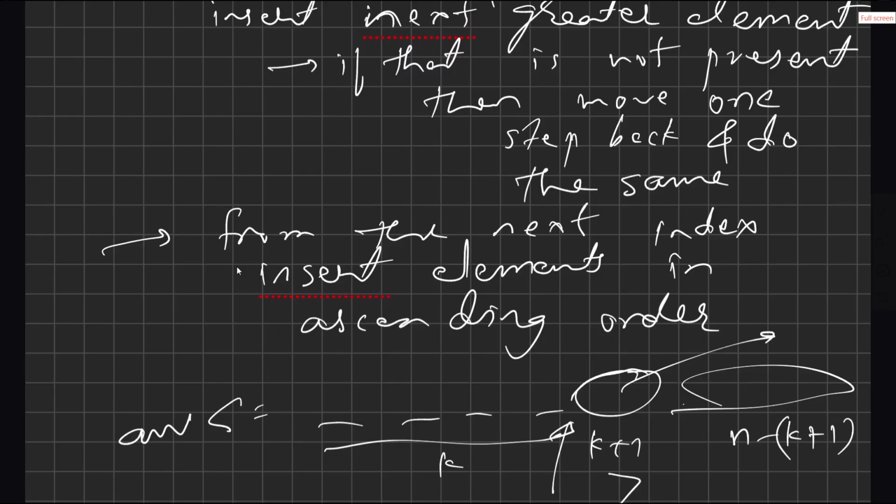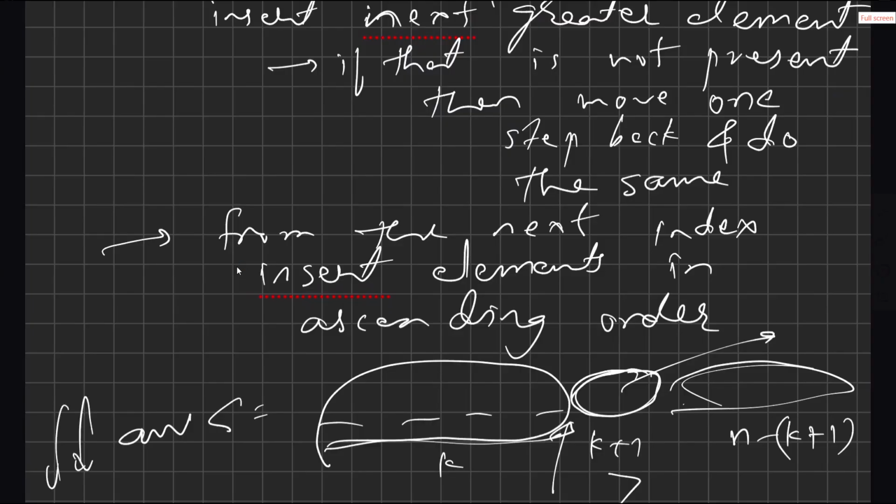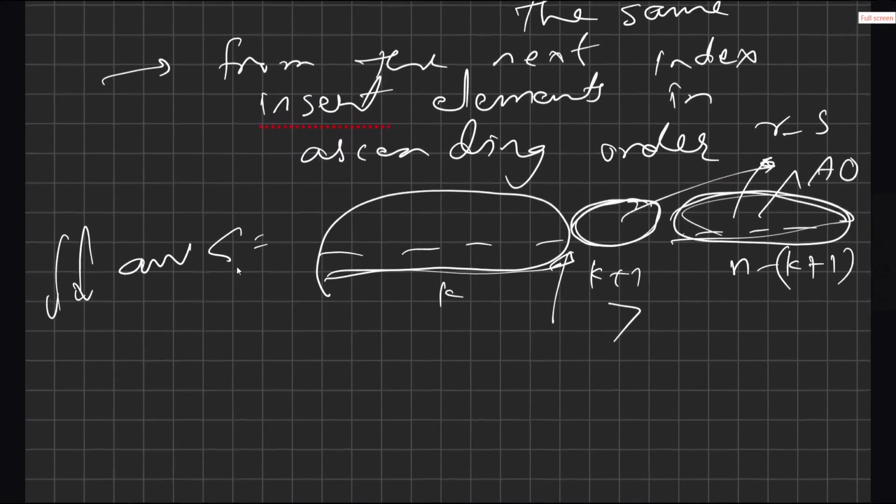Because these characters are matching in target, and this is the character which is greater than target. And since your answer wants to be as small as possible, you need to now fill the remaining characters of s in ascending order. I think you guys have understood.